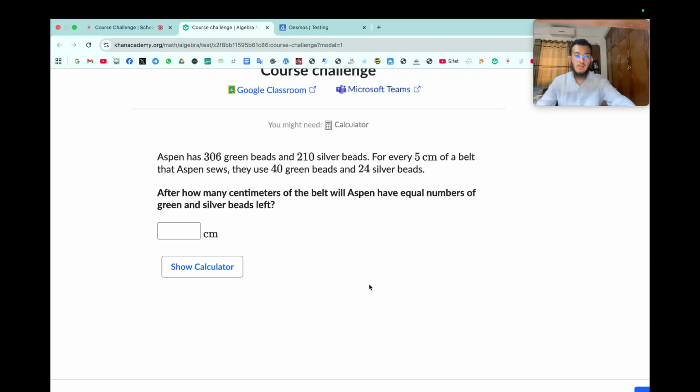Aspen has 306 green beads and 210 silver beads. For every 5 centimeters of a belt that Aspen sews, they use 40 green beads and 24 silver beads. After how many centimeters of the belt will Aspen have equal numbers of green and silver beads left?